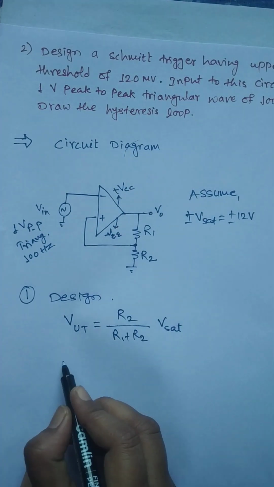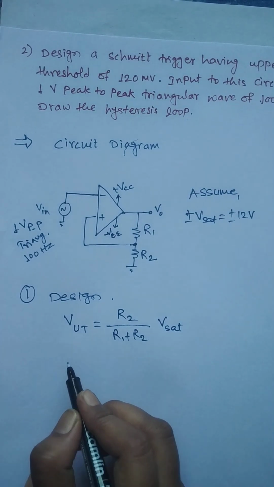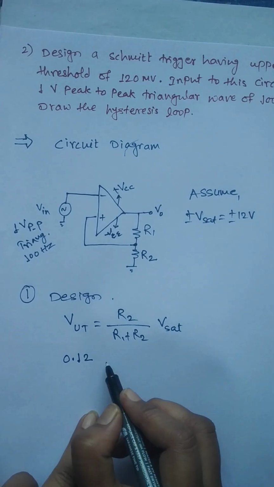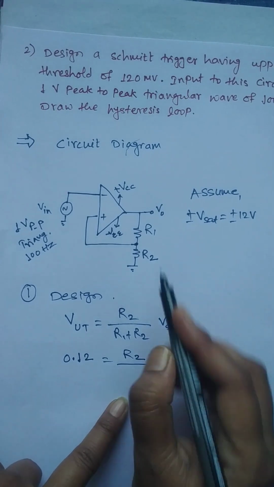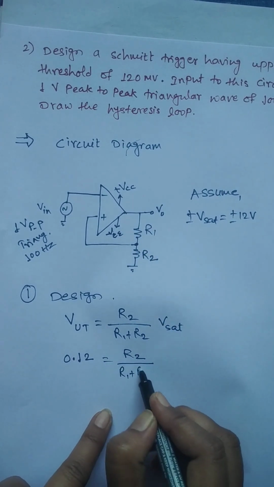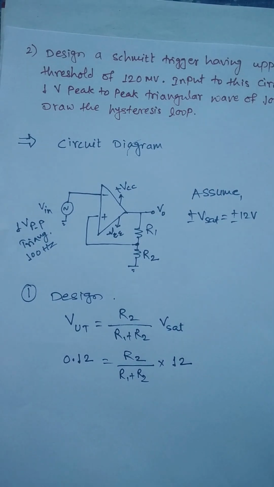So we will take VUT as 120 millivolt. Let us convert it into volts. So it will be 0.12 volts. I need to find out these two values. That's why it is design. R2 upon R1 plus R2 into Vsat, we are taking it as 12 volt.